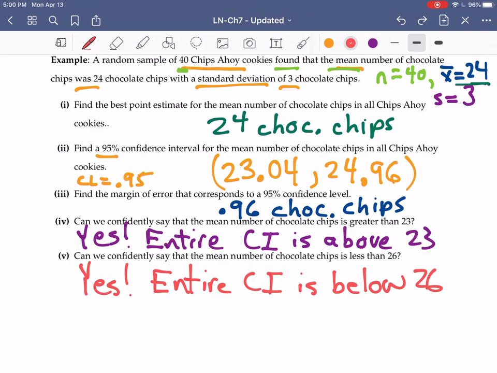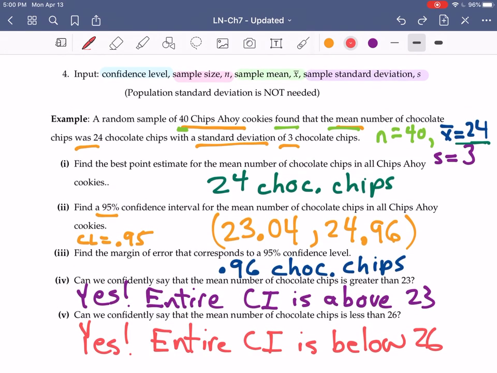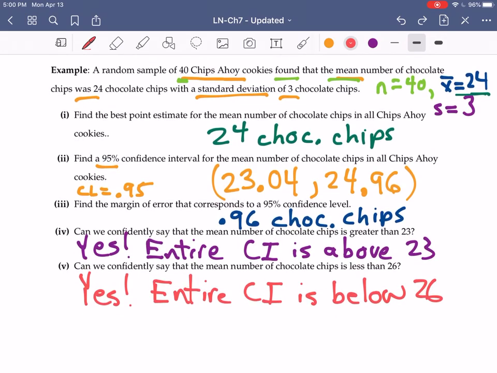All right. That's it for that example. Notice that example is really similar to the one we did in the last video. The only thing that was different was the standard deviation was a sample standard deviation in this one as compared to a population standard deviation.